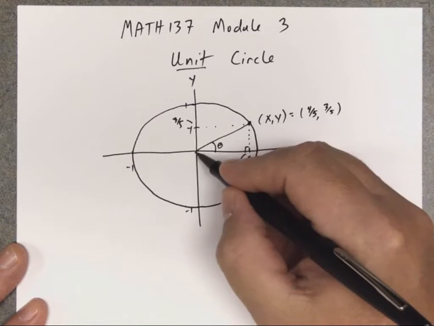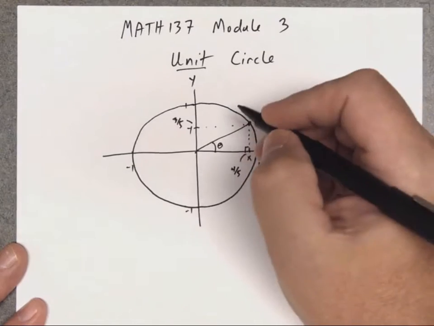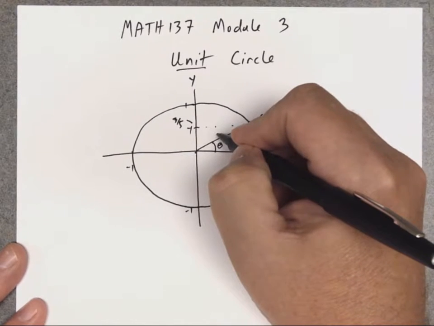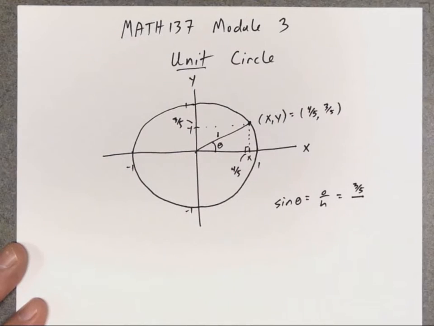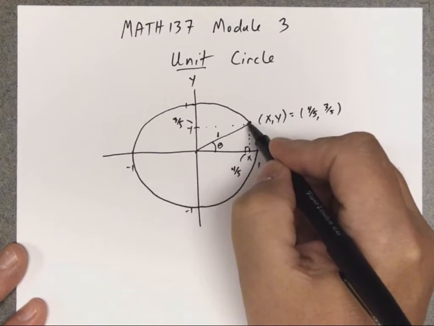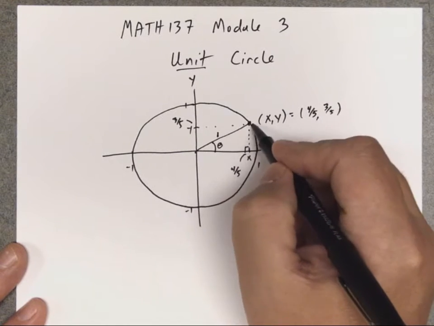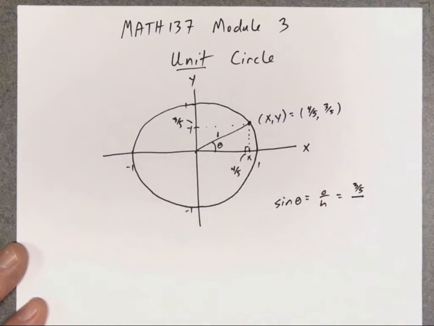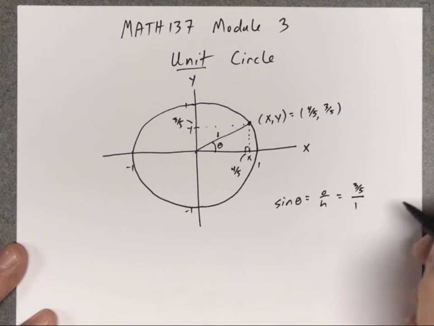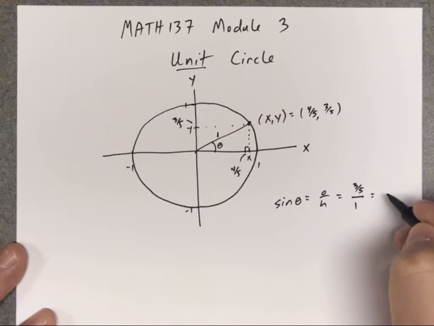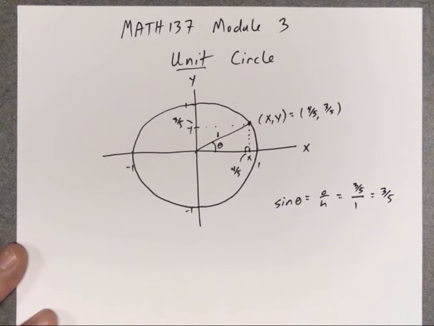What's the length or the distance of the hypotenuse? Well, we said this is a unit circle, which means a radius of 1. The hypotenuse is 1. Distance from here to here is 1, because we drew it that way. So really it's 3/5 over 1. So the sine of that angle is 3/5.